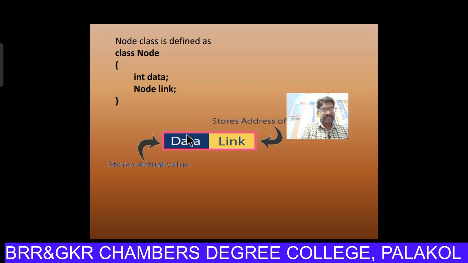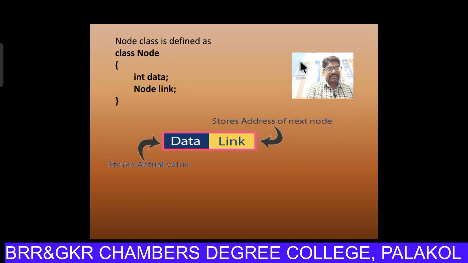The data part contains the actual value or actual data. The link part contains the address of the next node. This is the actual structure of the node in a single linked list: a data part and a link part.